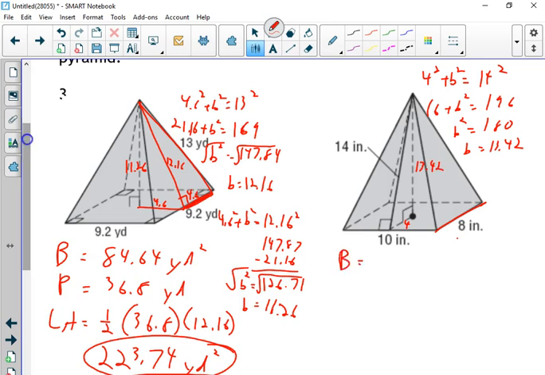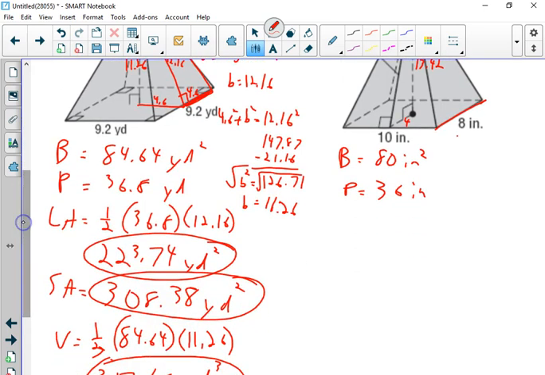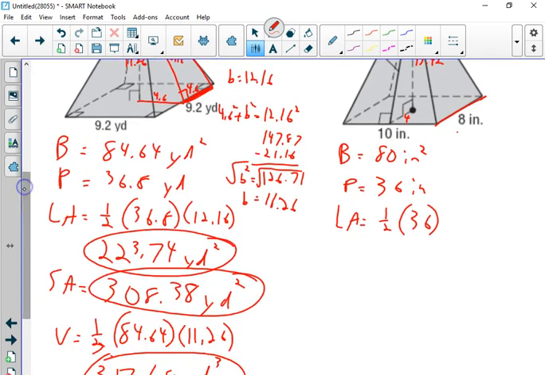Now, the area of the base, being that it's a rectangle, is 10 times 8, 80 square inches. The perimeter is going to be 10 plus 10 plus 8 plus 8. Well, 8 is 16, 26, 36 inches. And now we have all of our numbers to do our problem. Again, lateral area is 1/2 the perimeter times the slant height, which was 14.